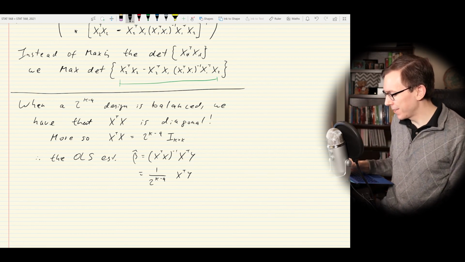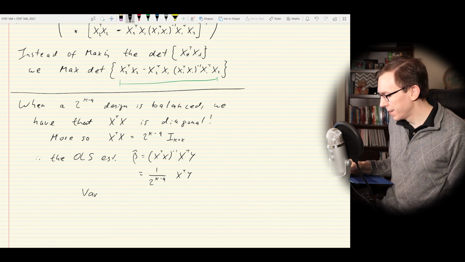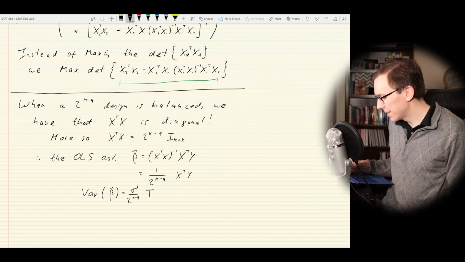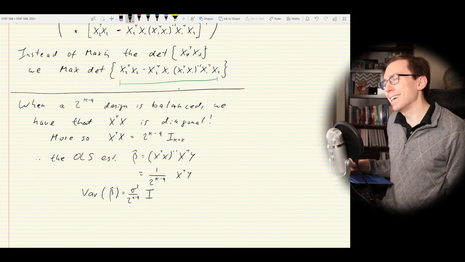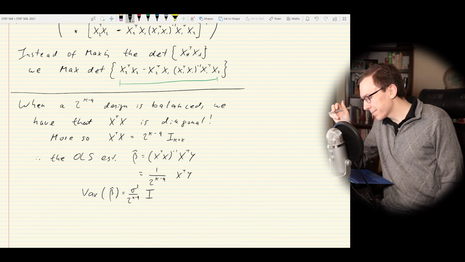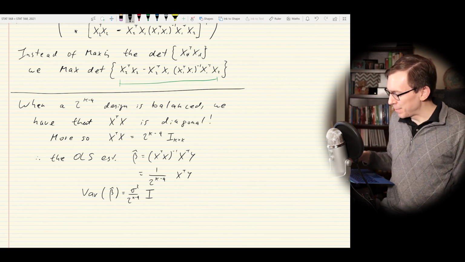And when we consider the variance, which I wrote up above, the variance of beta hat is now going to just be an identity matrix times some constant, which is going to look like sigma squared over 2 to the k minus q, times the identity. Yeah, it's going to be a big matrix.